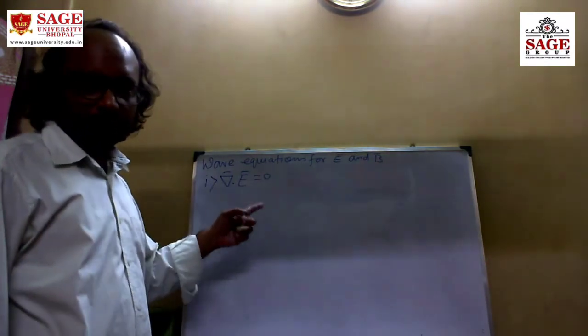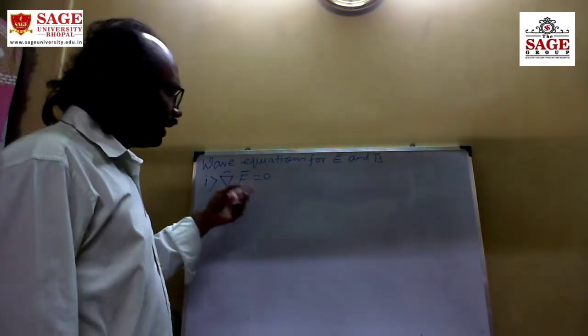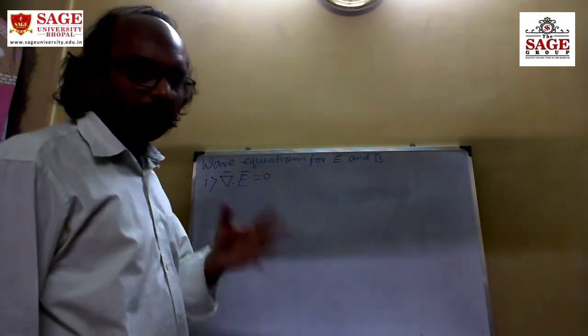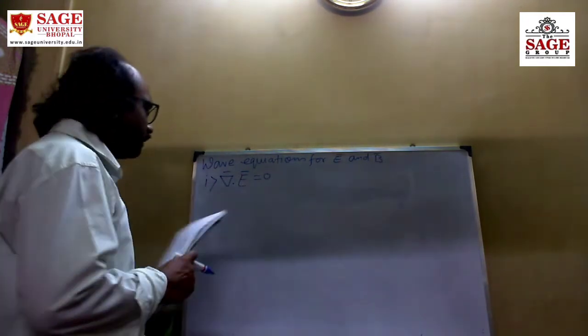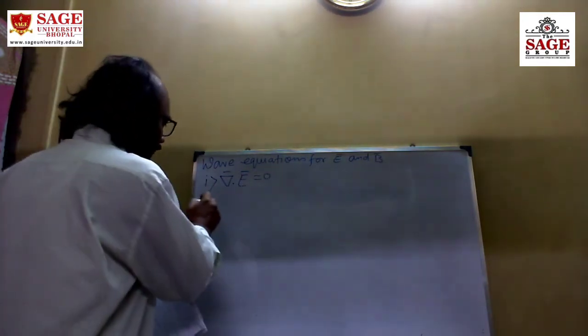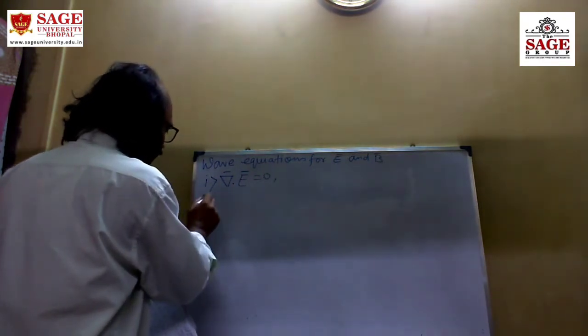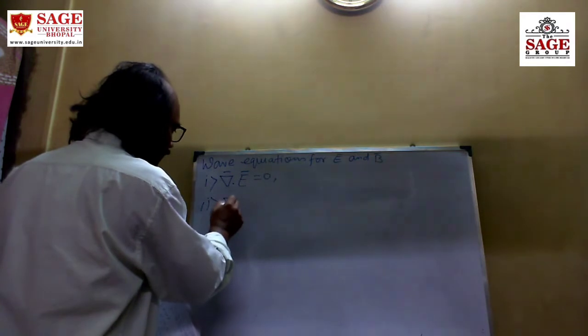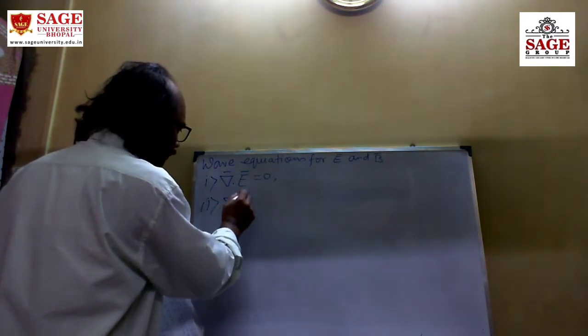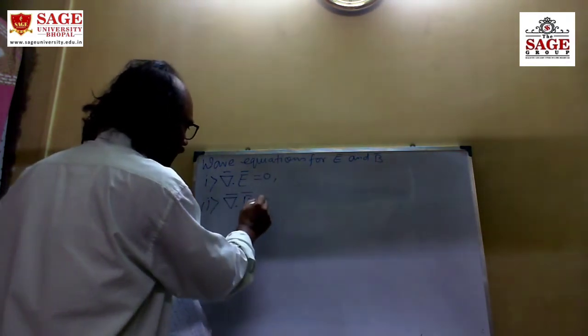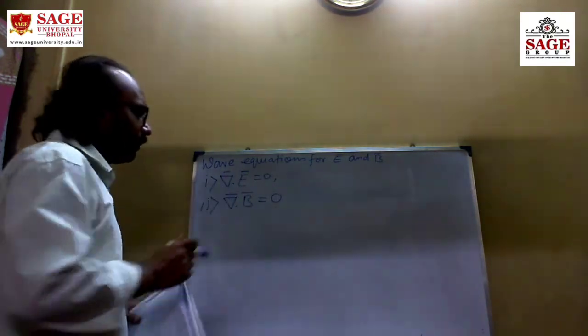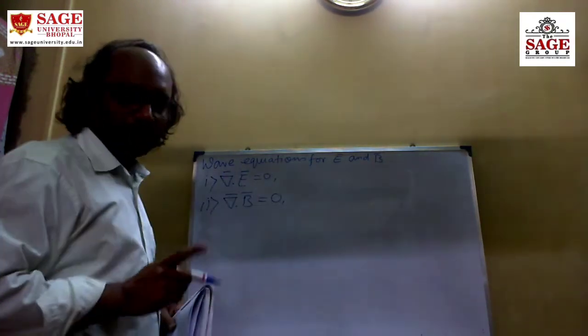This is basically the differential form of Gauss law in electrostatics. Number 2, divergence of B, that is del dot B is 0, which tells us that magnetic monopole does not exist.